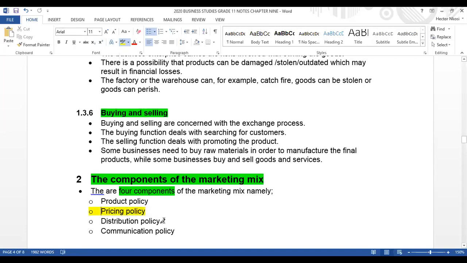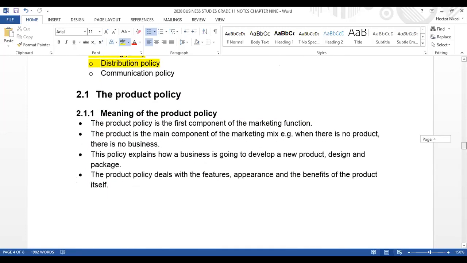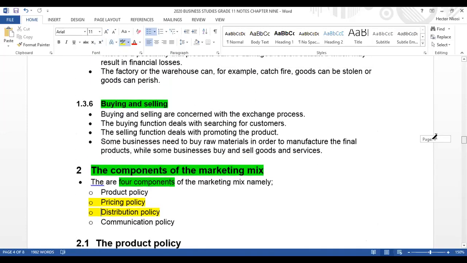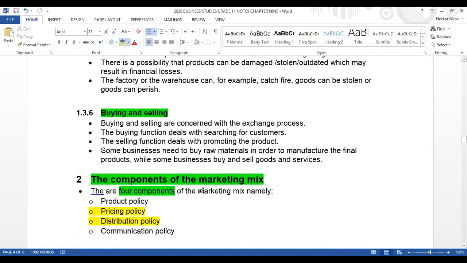We have also covered our distribution policy. Does it make sense? Your product policy is the one that we're going to start with on Monday. Then the communication policy, we're going to look at it on Tuesday and Wednesday. All right. So please make sure that you understand and you are also familiar with your work, boys and girls.